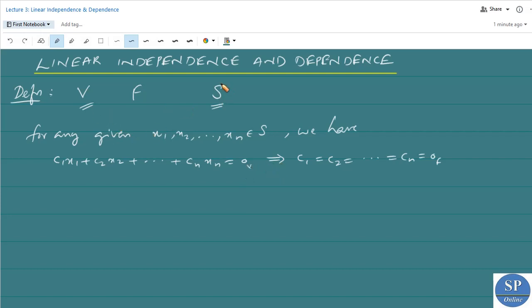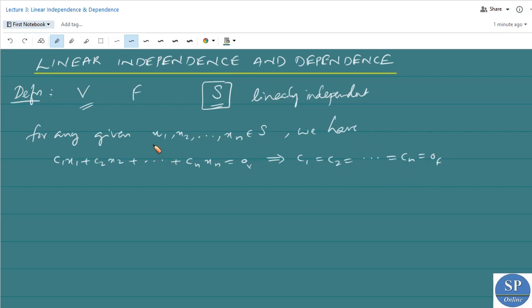That is, let S be a non-empty subset of a vector space V over a field F. Then this set S is said to be linearly independent if for any given vectors x1, x2, etc. xn belongs to S, we have c1 x1 plus c2 x2 plus etc. cn xn is equal to 0 implies c1 equal to c2 equal to c3 equal to etc. cn equal to 0.